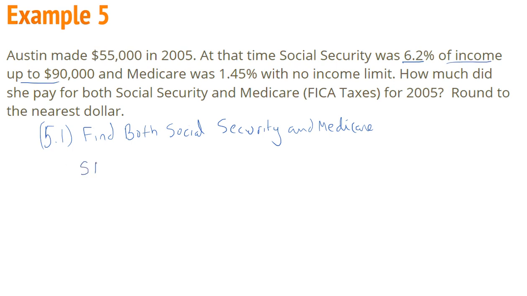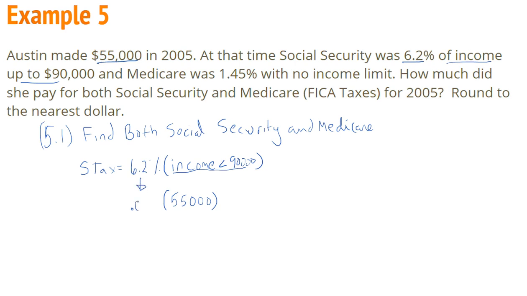So the Social Security tax is equal to 6.2% of income less than $90,000. Well, that's a good thing because Austin only made $55,000. So we're just going to replace that right in here. So we're going to take $55,000, substitute it in, and we need to convert 6.2% to a usable value.